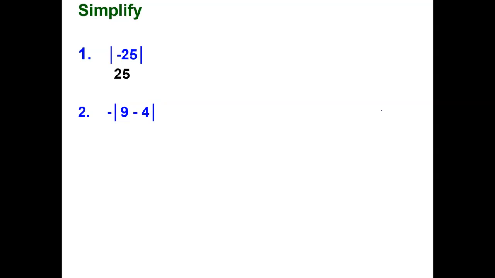Now, sometimes you have to simplify inside the absolute value first. In this case, I will do 9 minus 4, which is 5, first. So the absolute value of 5 will be 5, but because there is a negative sign outside, I'll have to bring that into my answer, which will make my answer negative 5.